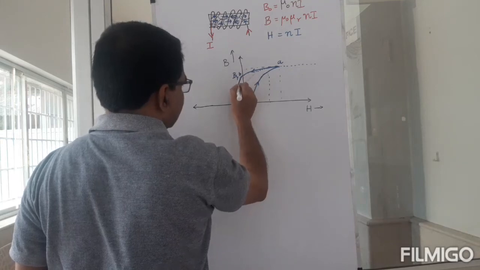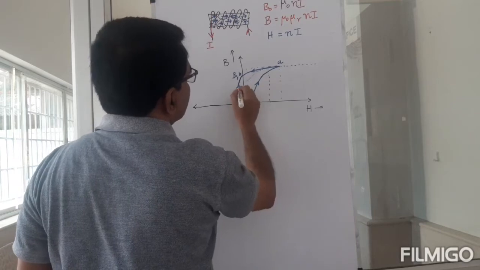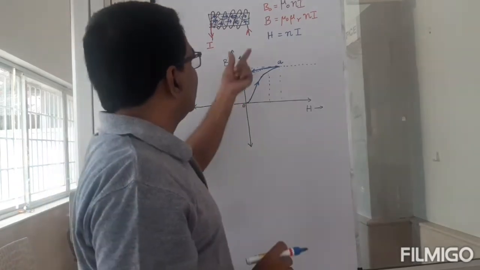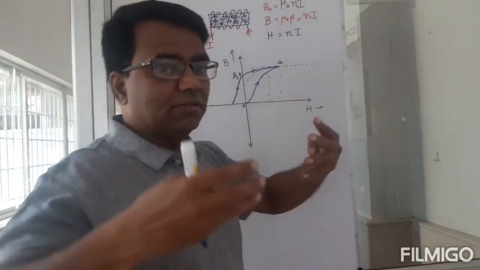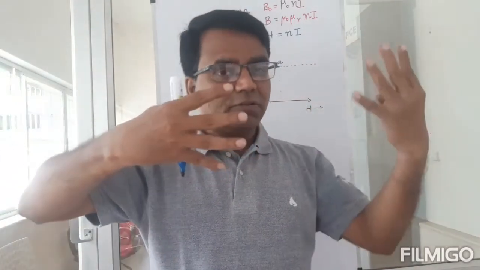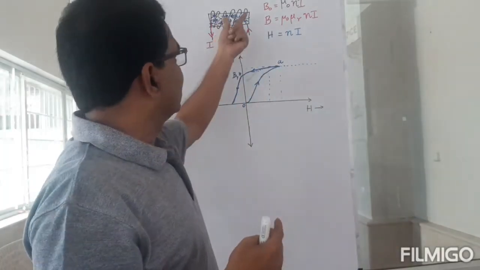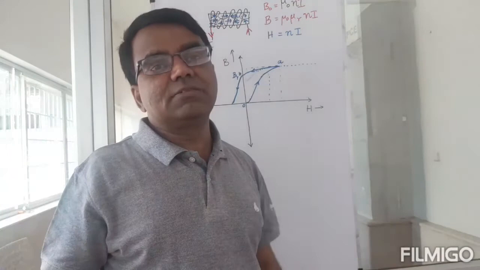So you see, then it will be coming like this. Okay. But at some value of the current in the opposite direction, the number of domains which are in one direction and the number of domains in the other direction would be equal. In that case, there would be no net magnetism, point C.